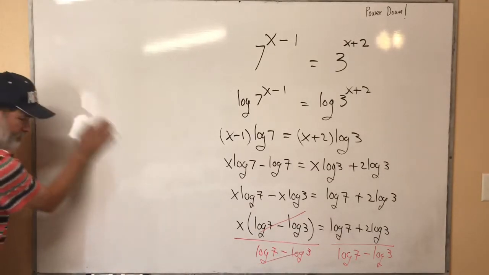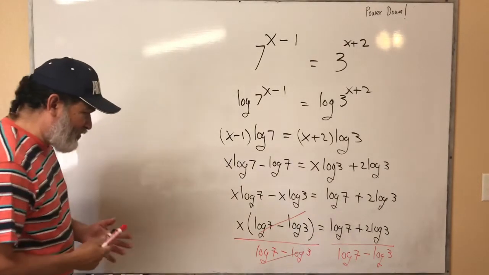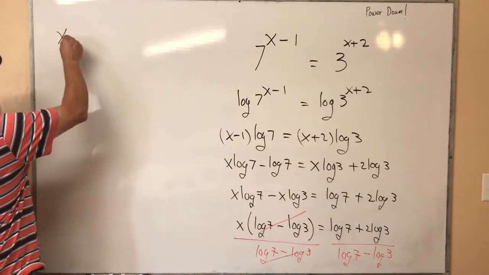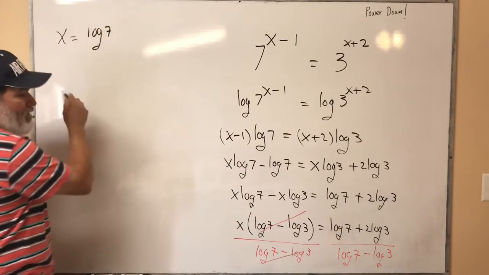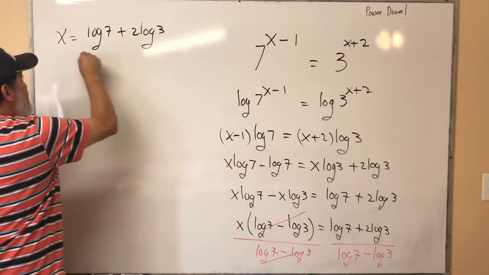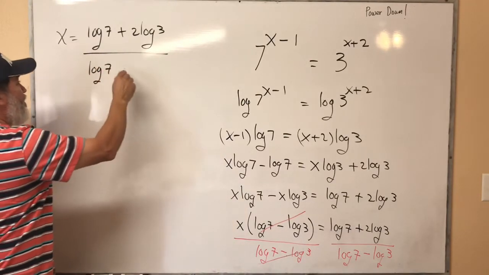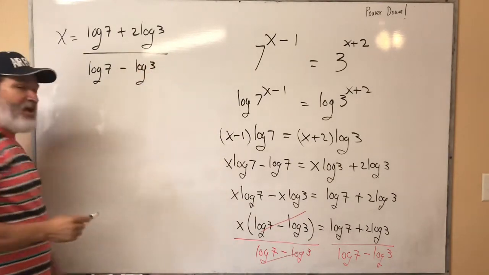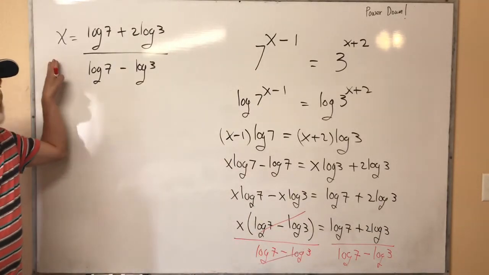Now that we have practically solved it, x equals log base 10 of 7 plus 2 times log base 10 of 3, divided by log base 10 of 7 minus log base 10 of 3. And you have solved it. This is the exact answer.